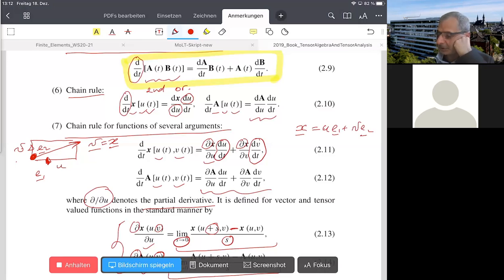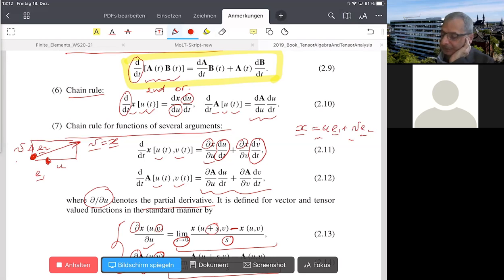This is my function. My vector x depends on two variables, u and v. In this case, x is a function of two variables, u and v, right? Only an example.